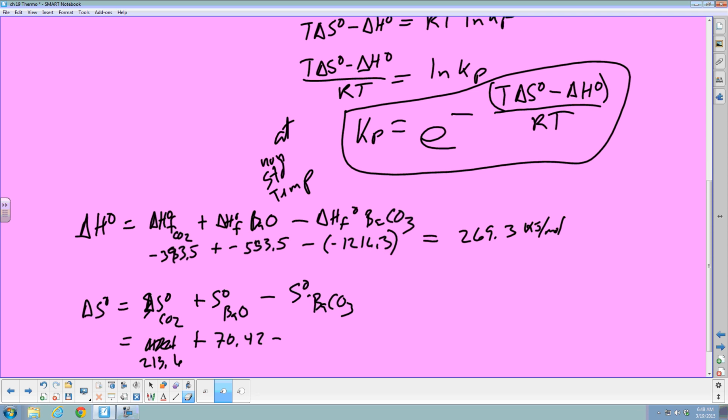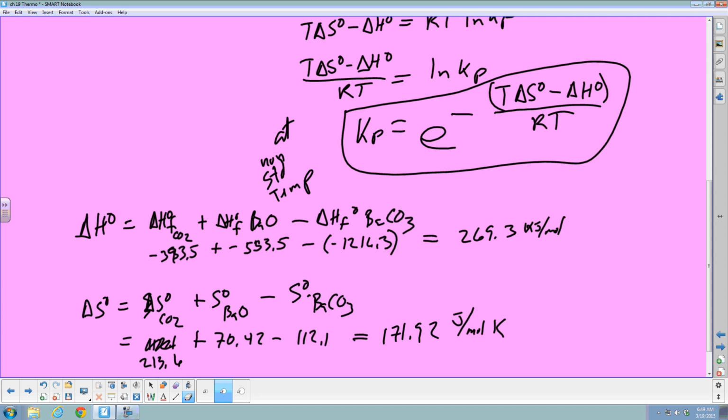And then this is a minus 112.1, and that should equal, maybe I should check this to make sure I didn't make any mistakes, 171.92. Let's make sure. 213.6 plus 70.42 is 284.02 minus 112.1, and yes, 171.9. Now be careful, joules per mole Kelvin.